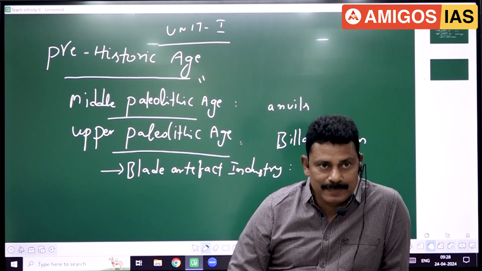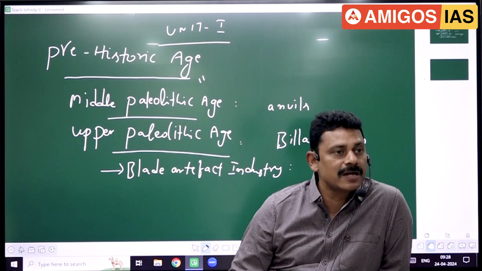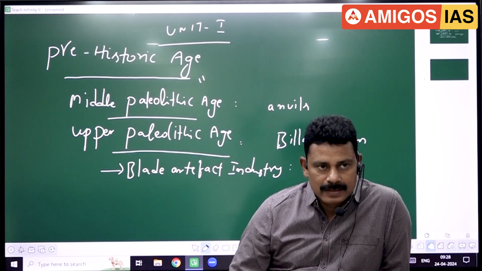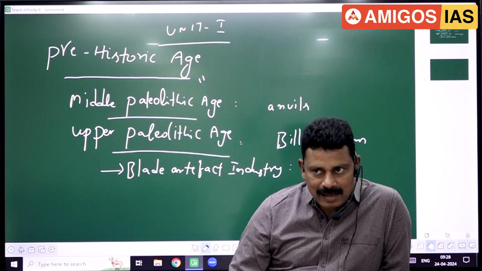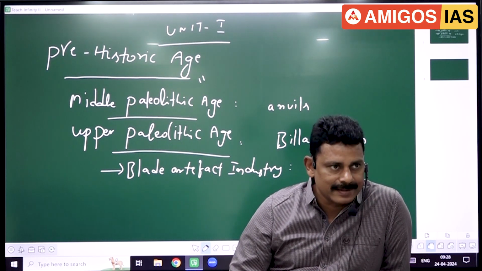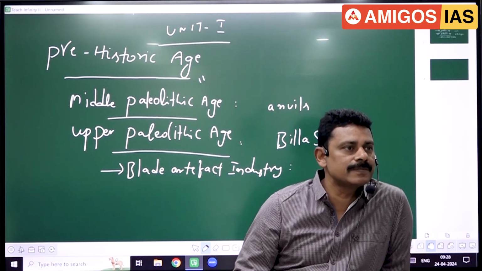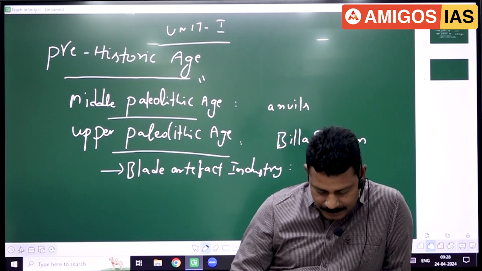So these are the implements that we have found under the blade industry, the blade artifact industry. All these implements are related to the blade category, so a separate categorization has been made by the archaeologists, the blade artifact industry.